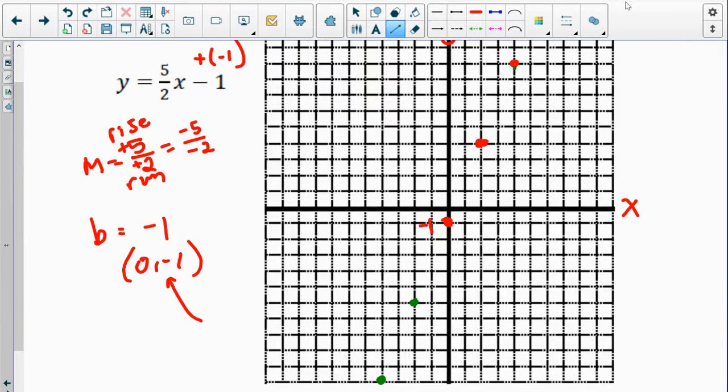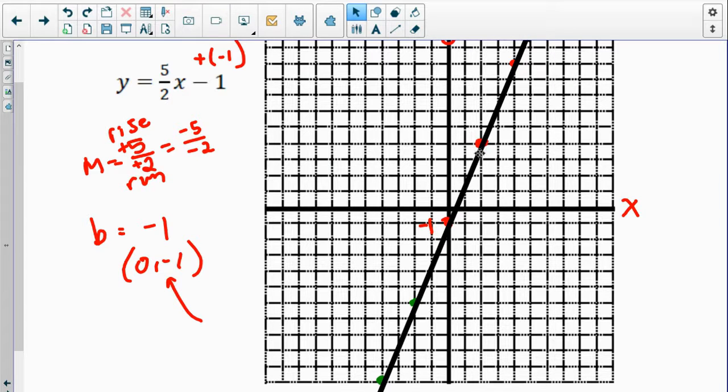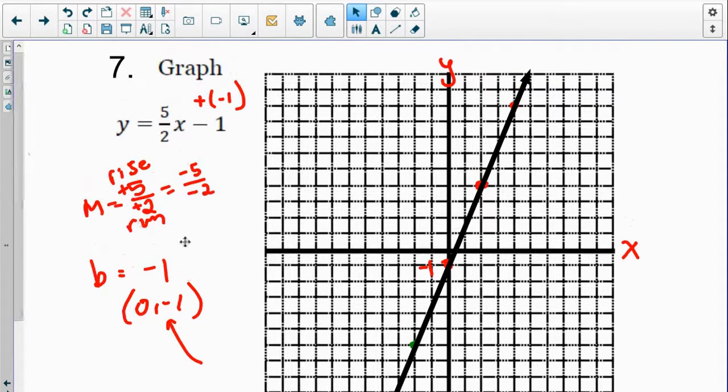Let's do that one. Draw a line through the points. And there we have it. That line represents the equation y equals 5 halves x minus 1.